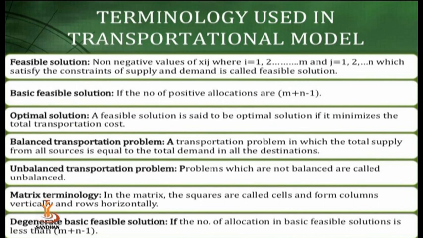The matrix terminology: in the matrix, the squares are called cells, and they form columns vertically and rows horizontally. A degenerate basic feasible solution means that the number of allocations in the basic feasible solution is less than m plus n minus 1.